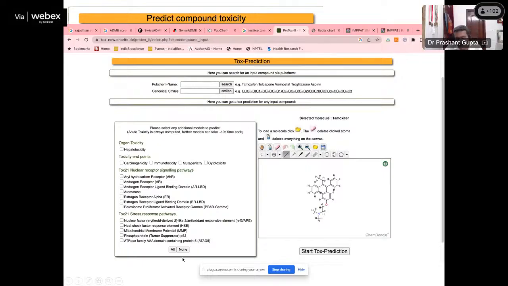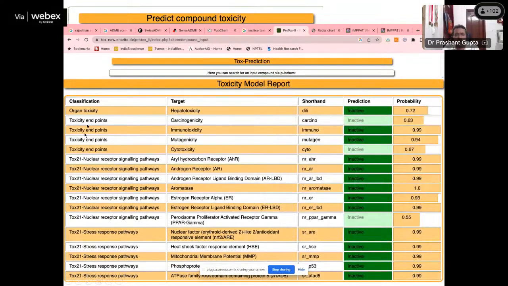And you just do one thing, you just click all. Here you can find the all button, you just click all, and then start tox prediction. You would find this type of analysis within 1 to 2 minutes. And now you can see, yes, hepatotoxicity, it's green, yes, there is no chance or less chance of hepatotoxicity.